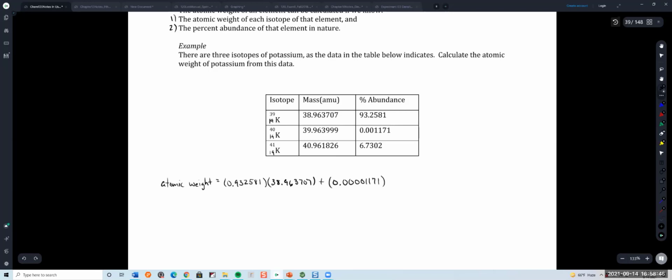Be very careful. Decimal moves 2 places to the left when you go from a percent to a decimal.